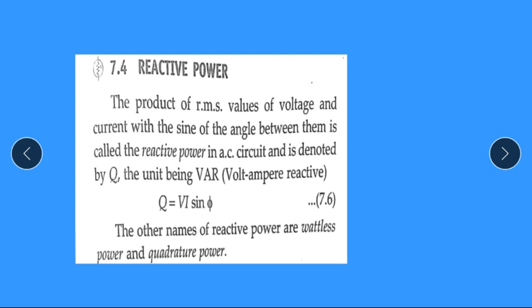Other names of reactive power are wattless power and quadrature power.